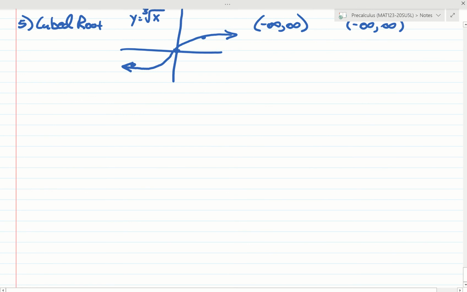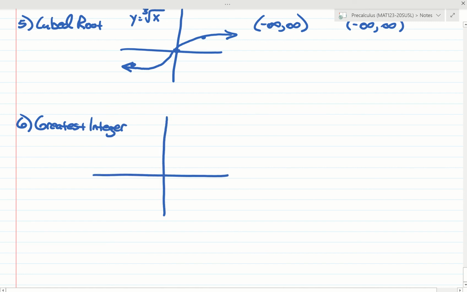And then we have what's called the greatest integer function. Now, the greatest integer function is probably new to a lot of you. This is what the graph looks like. It's like an L and then a backwards L. Sometimes people call this the floor function, and you should just generally know what the shape looks like.